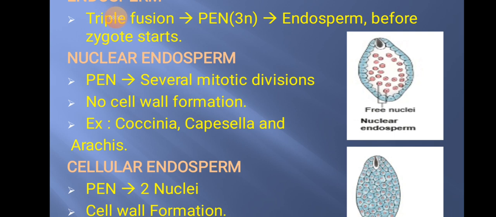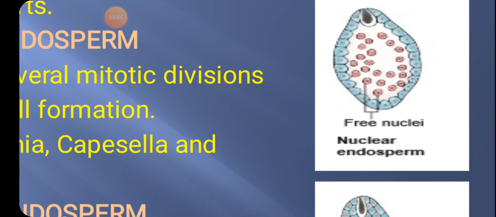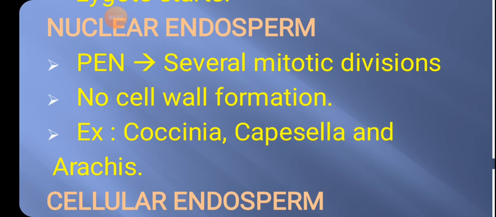The first one is nuclear endosperm. Based on how the endosperm develops, it is divided into three types, and one extra type, four in all. Nuclear endosperm, first one, see the diagram. In nuclear endosperm, the primary endosperm nucleus divides into two, undergoing mitotic cell division. Continuous mitotic cell divisions form many free nuclei.